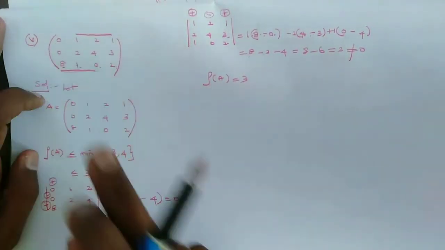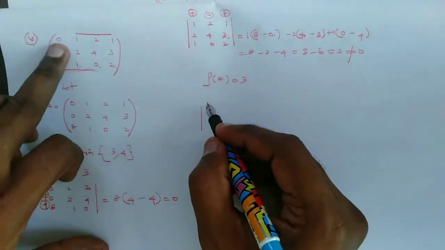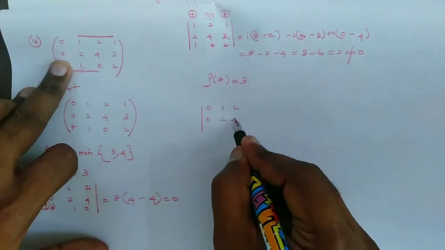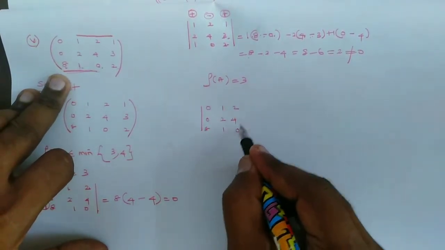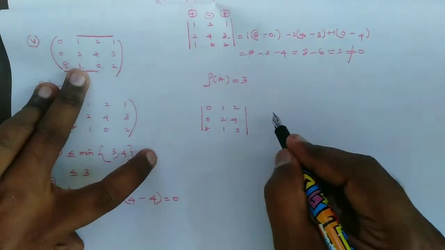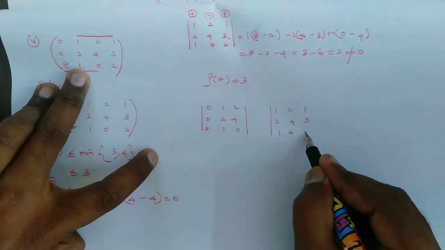That is many 3 cross 3. How many 3 cross 3 will I write? The first 3 cross 3 will be this one: 0 1 2, 0 2 4, 8 1 0. This is the first 3 cross 3. Another 3 cross 3: 1 2 1, 2 4 3, 1 0 2.